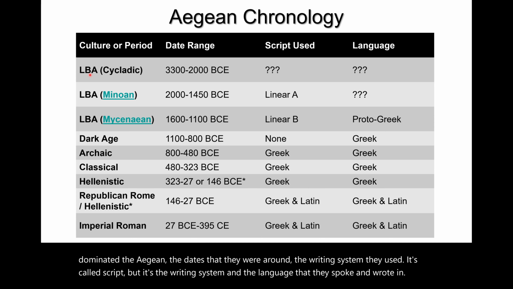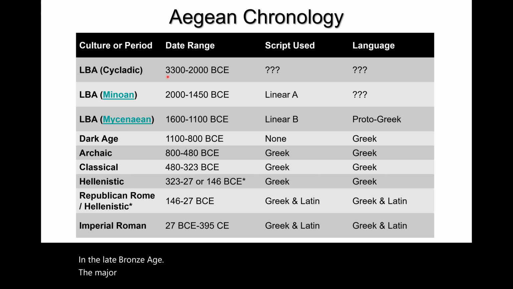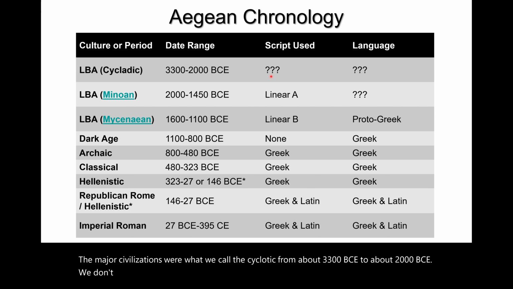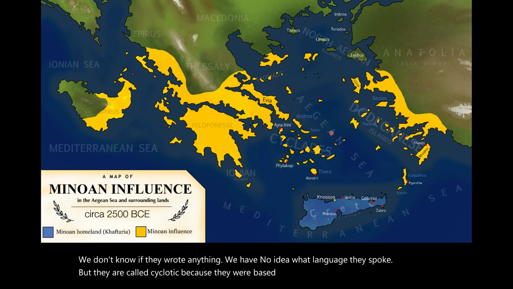Now, in the late Bronze Age, the major civilizations were what we call the Cycladic, from about 3300 BCE to about 2000 BCE. We don't know if they wrote anything. We have no idea what language they spoke. But they are called Cycladic because they were based off of the islands called Cycladic Islands in the Aegean Sea.